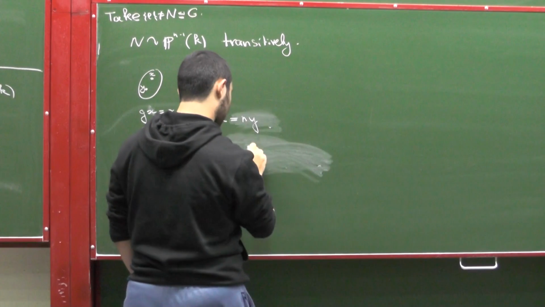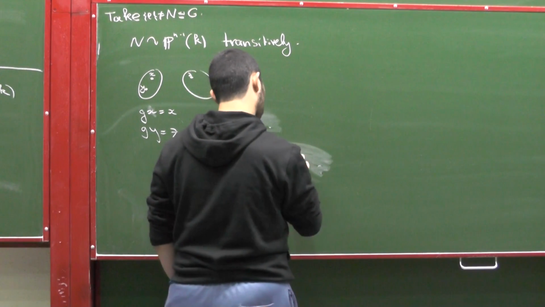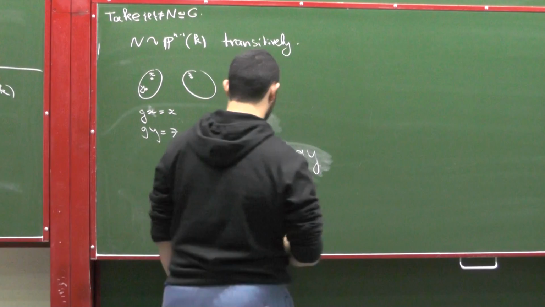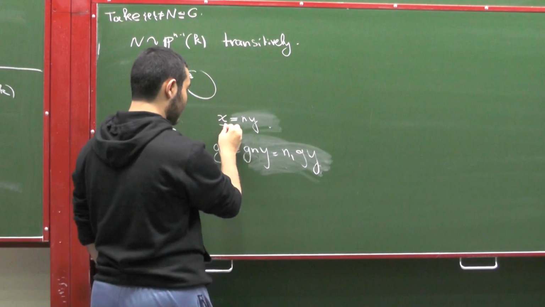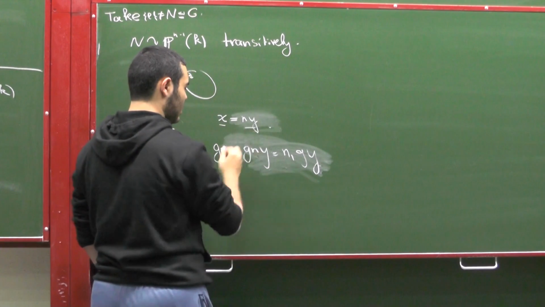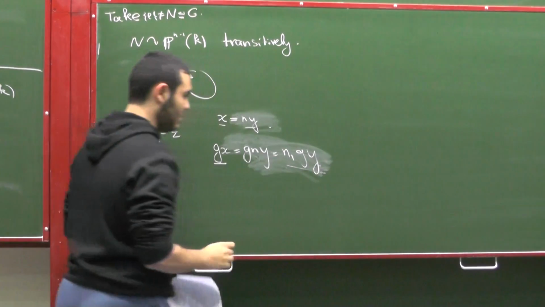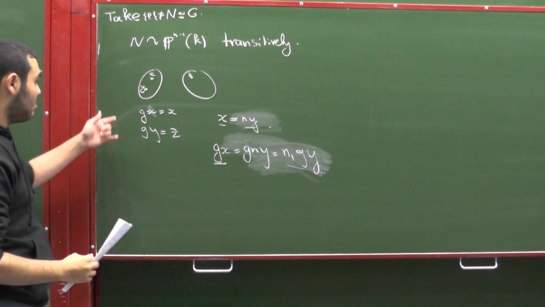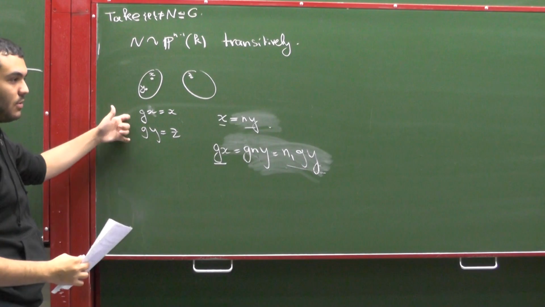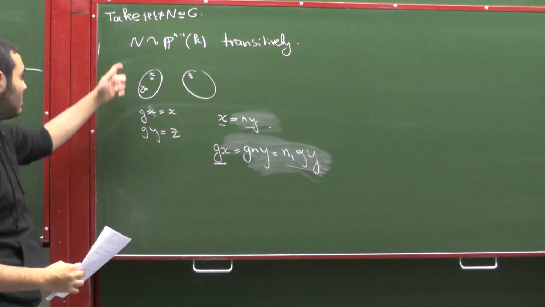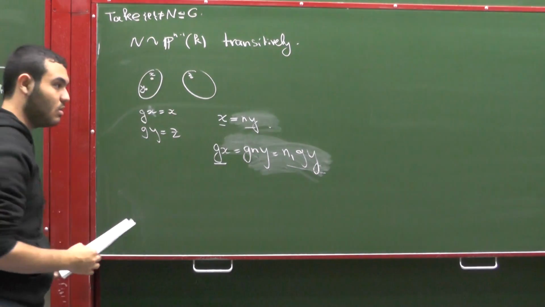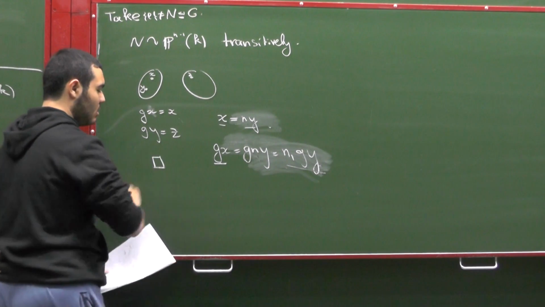So if x is in the same orbit as y, gx is in the same orbit as gy, which cannot happen if we have g which satisfies this. So the action must be transitive, as there is no more than one orbit. Okay?